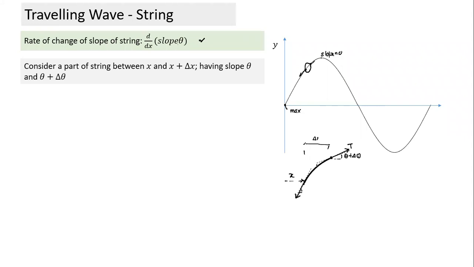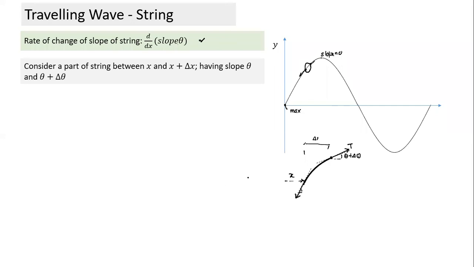Some of you can understand this point: what is causing acceleration of a piece of string in the vertical direction is a difference in slope between the two ends. Since the slopes are different, the tension force is acting at different angles, hence it will have different vertical components, and hence it will have acceleration.